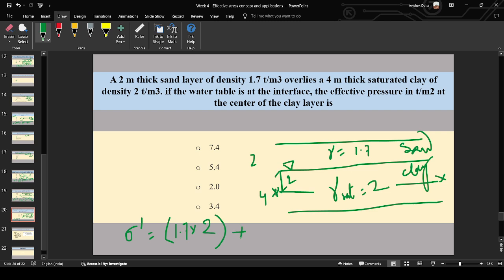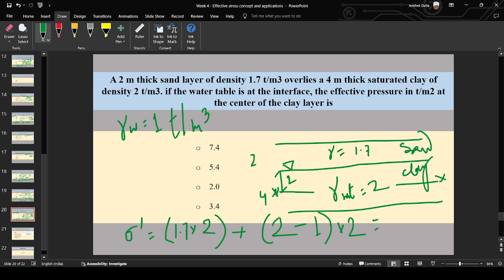Plus for the clay layer, gamma W is to be taken as 1 ton per meter cube. So I can write gamma sat minus gamma W, that is 2 minus 1, into Z. What is Z? Z is 2.